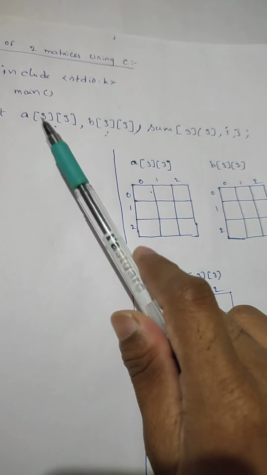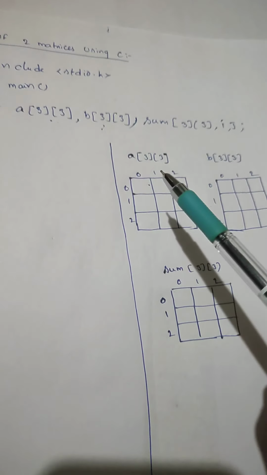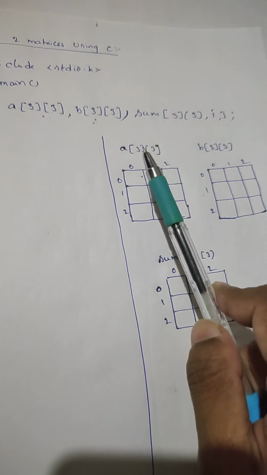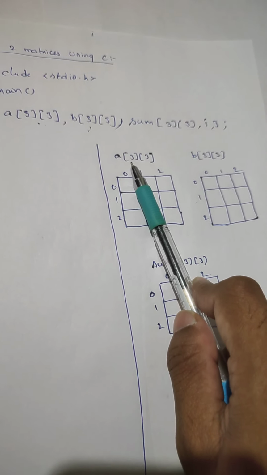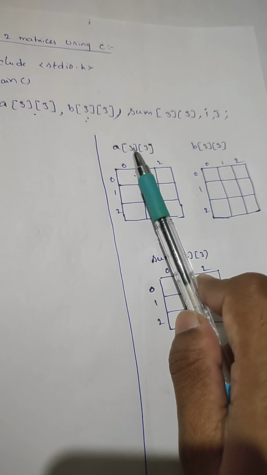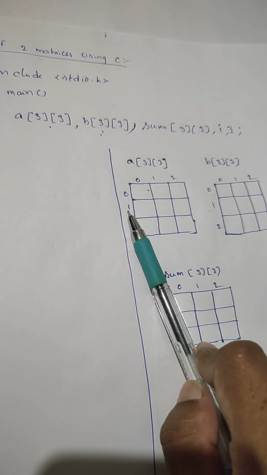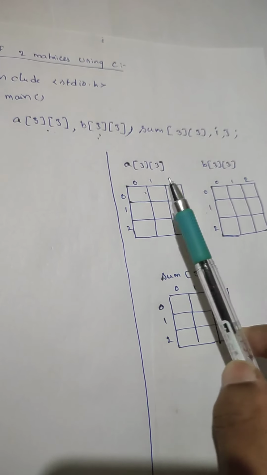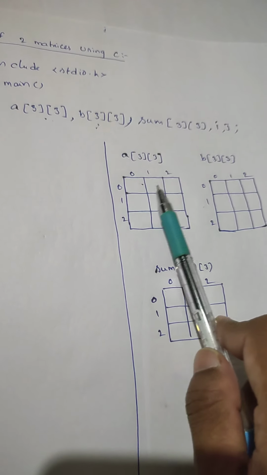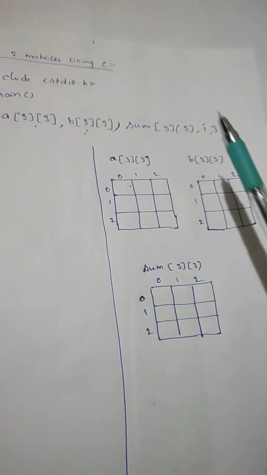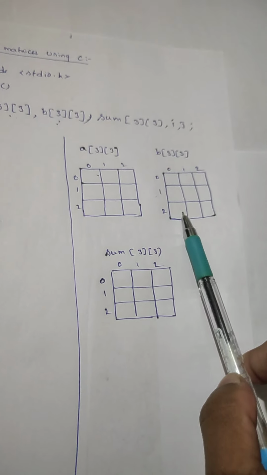First, the memory locations for the A[3][3] matrix are created like this. Number of rows is 3 and number of columns is 3: 0th row, first row and second row, and 0th column, first column and second column. B[3][3] matrix memory is also created like this.